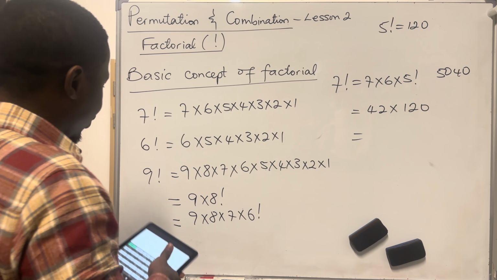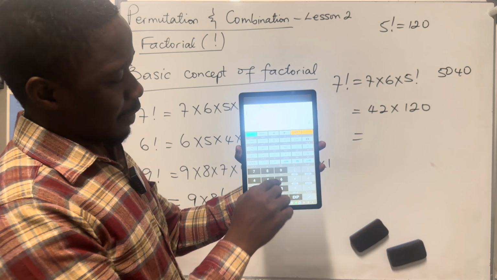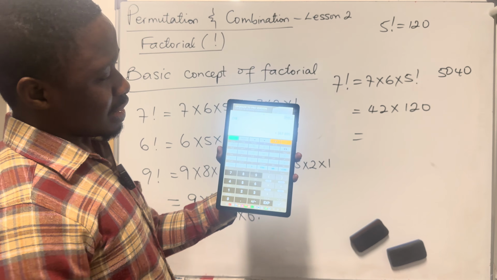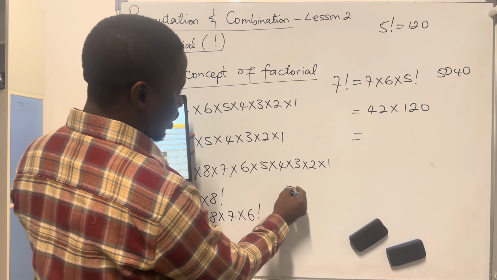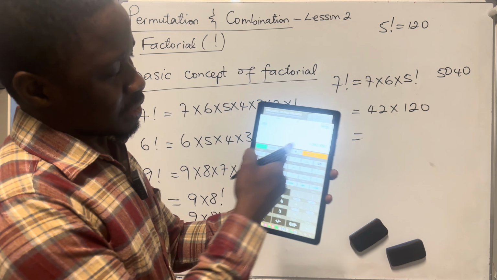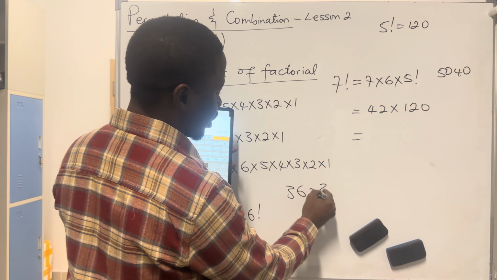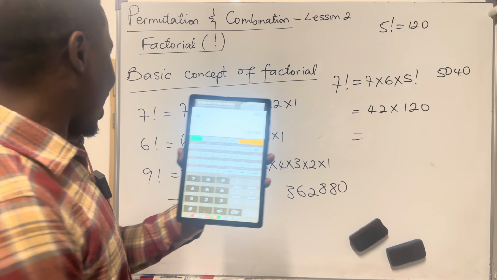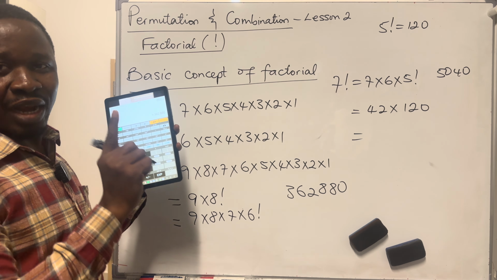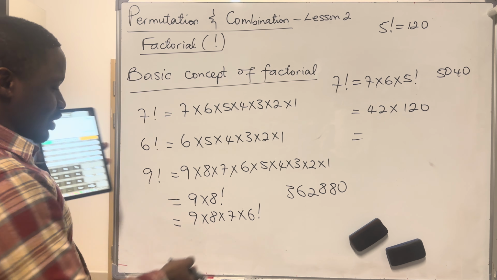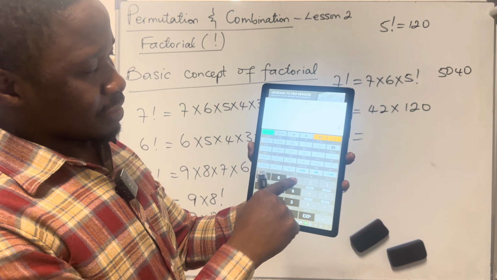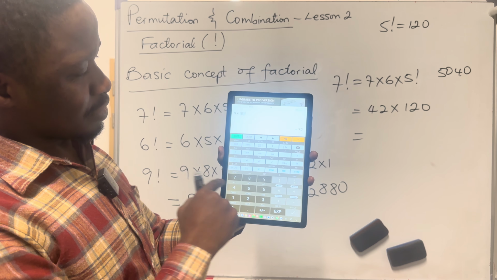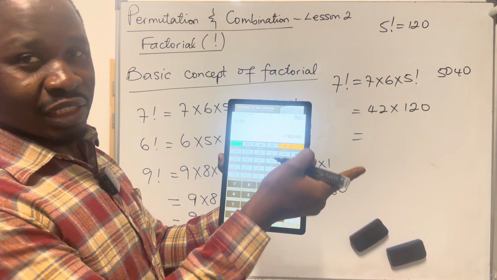First of all, let's start with 9 factorial. 362,880. I hope you can see. Now, what if 9 times 8 factorial? Let's see that this and this are just the same. 9 times 8 factorial. You see, 362,880.